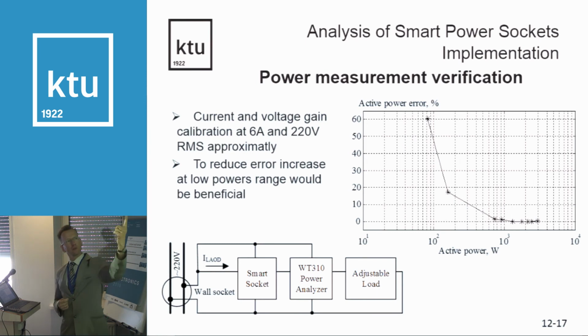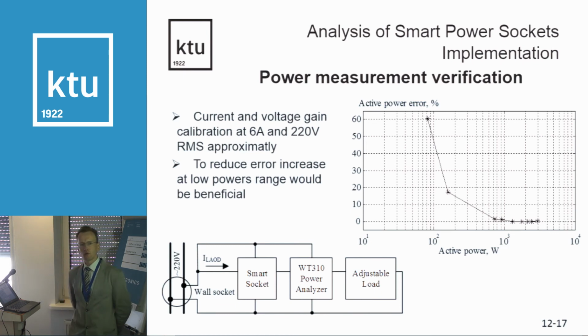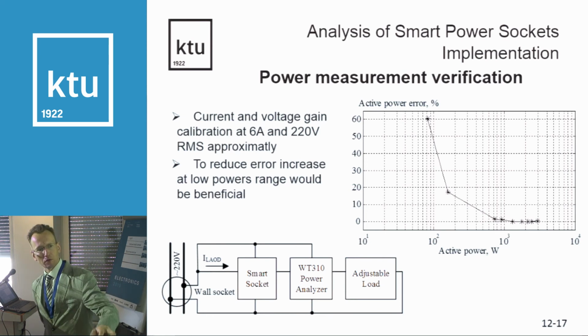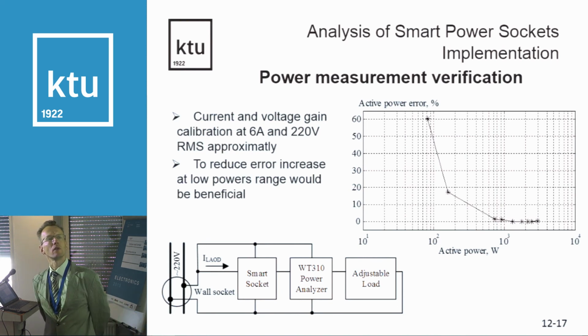The calibration was done at a single point, 6 amperes and 220 volts RMS values, and we see from the picture that whenever we move to a lower range of powers, the error increases, at about 100 watts or even 50 watts.